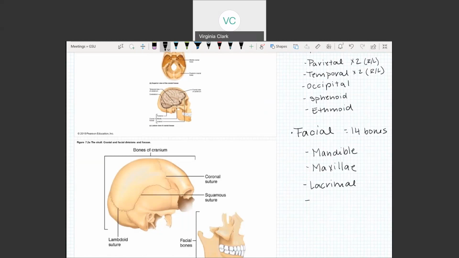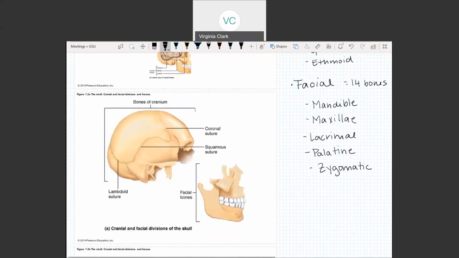You will have a palatine bone, which is going to be part of the mouth, part of the roof cavity. Your zygomatic bone, which is going to make up the cheekbone. Your nasal bone, which helps structure your nose. Your vomer, which is posterior to the nasal bone, and then a bone that is called the inferior nasal conch. So these are all of the bones that make up the facial region.